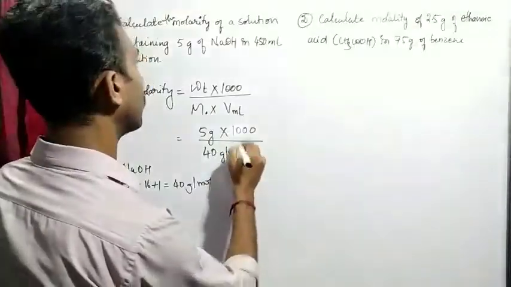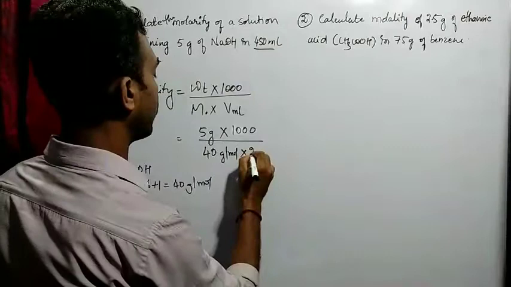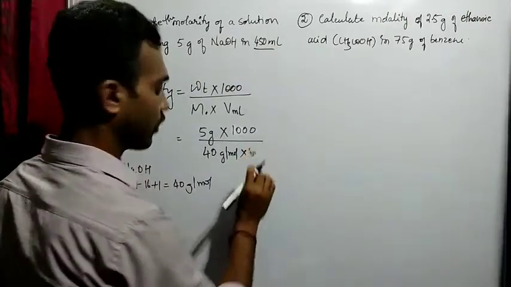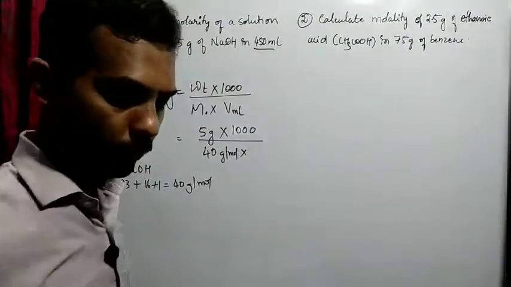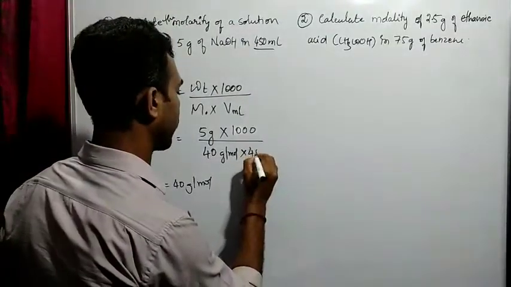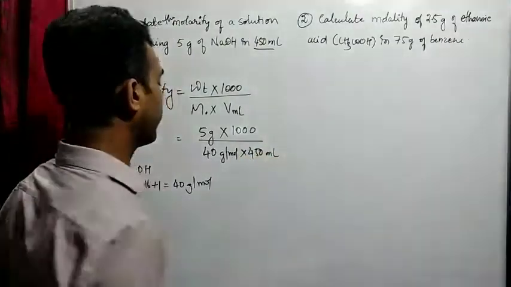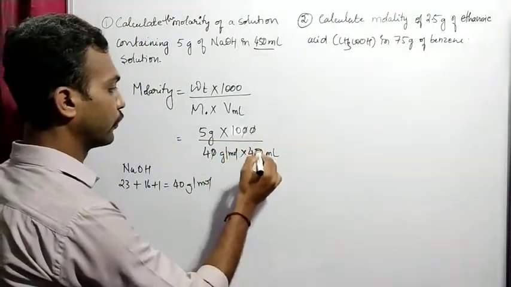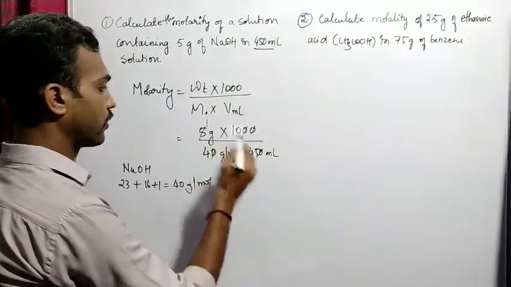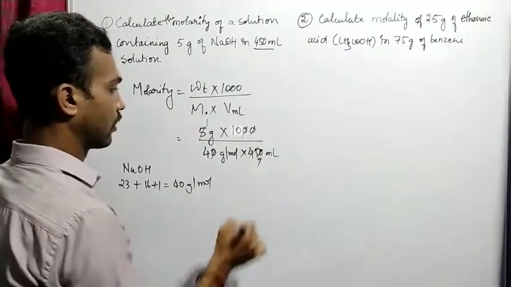Into volume in ml. How many do we have? 450 ml, right? So cancel the 0 here, 5 ones are 5, 5 nines are.